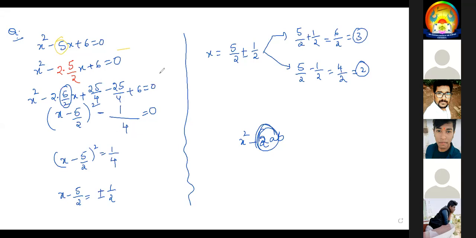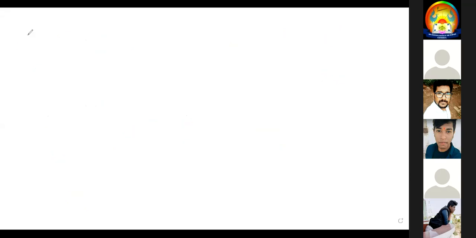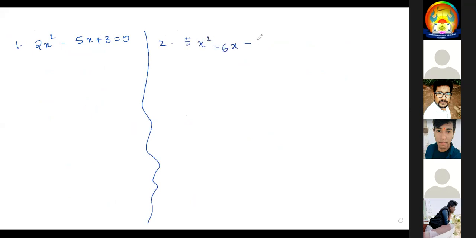Now, please write the question. Question number 1: 2x square minus 5x plus 3 equal to 0. Don't start now. Let me give some hints on that. Please wait for some time. Question number 2: 5x square minus 6x minus 2 equal to 0.